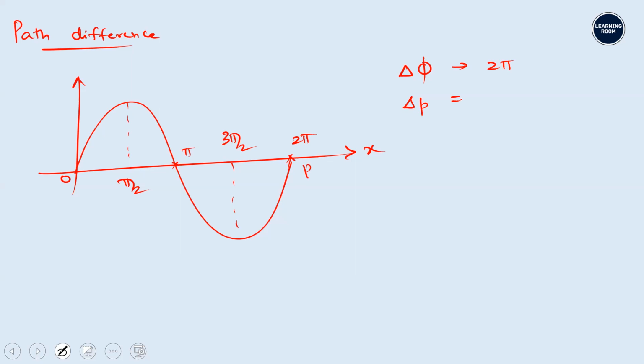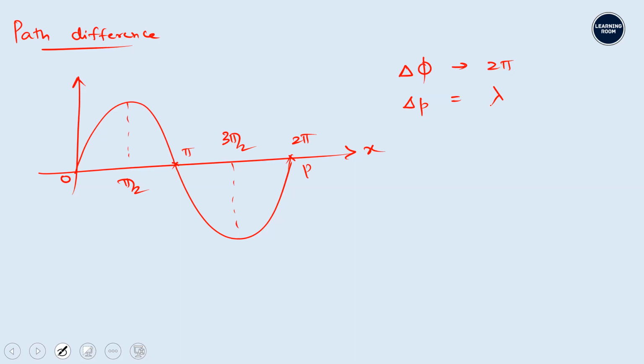That means how much distance is the wave supposed to travel to complete one revolution, or to complete 2 pi radians? It is basically one wavelength. If I measure the distance from here to here, this is the length of the wave. So the corresponding path difference for a phase difference of 2 pi will be equal to lambda.